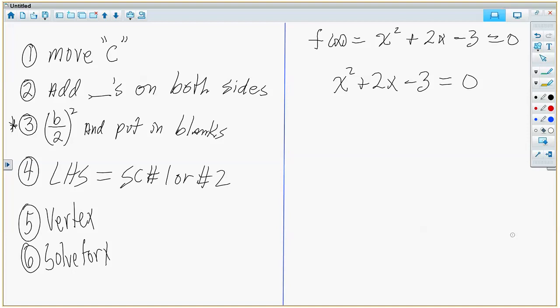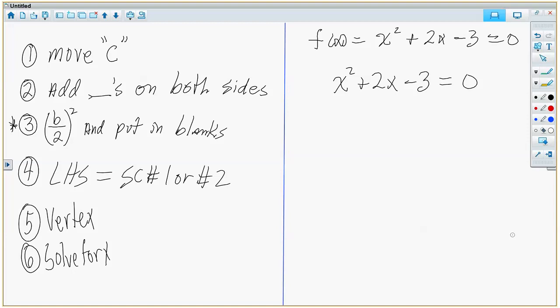Now, somebody tell me what C is. Okay, C is your y-intercept. Write that down. And it's also the first thing that you move. I always love it when students go, where do you move it? Well, where is it right now?